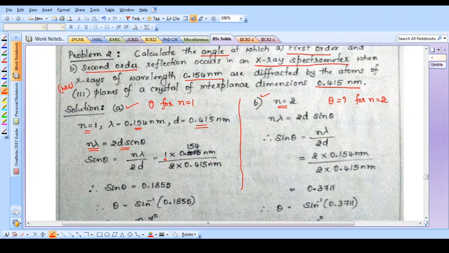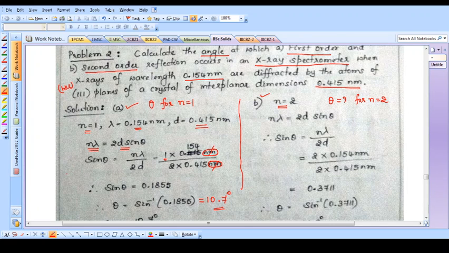You can see here I have not converted nanometer into meter, because nanometer appears in both numerator and denominator, which gets cancelled, so no need of converting nanometer into meter. If you simplify, we get sin theta is 0.1855, therefore theta is sin inverse of 0.1855, which is 10.7 degree.